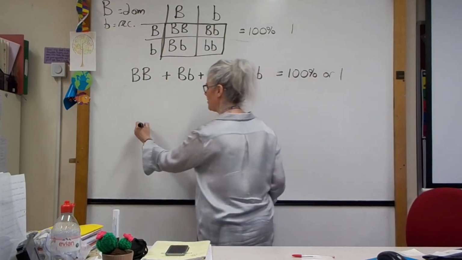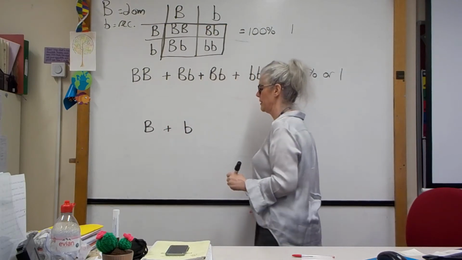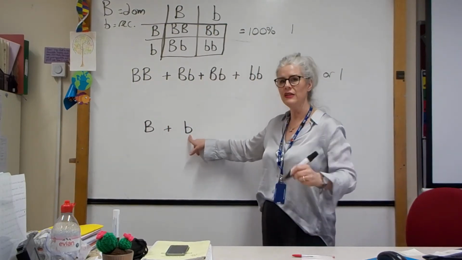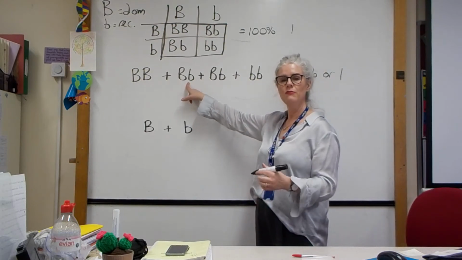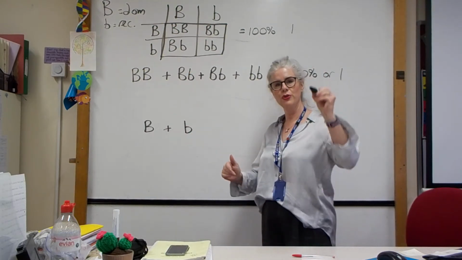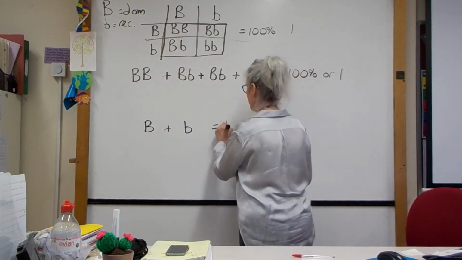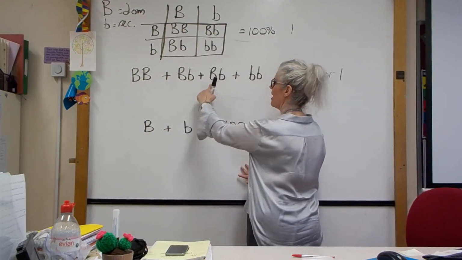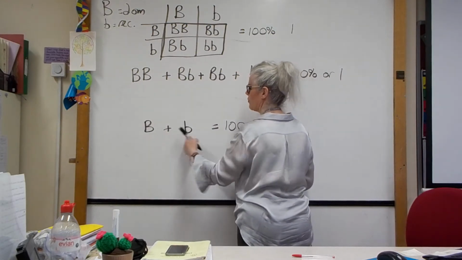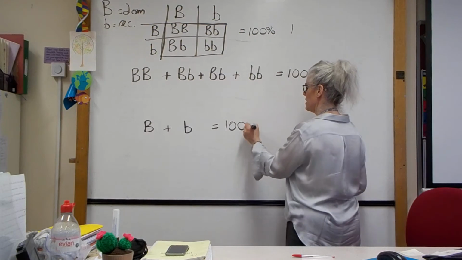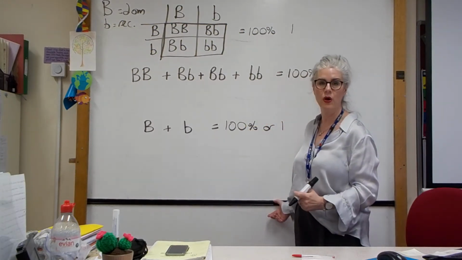They all either have a big B, or they have a little b. Now obviously you couldn't count the individuals, because some of these individuals have one of each. But if you were just looking at the number of those particular alleles, you could separate them. But still, 100% of your population either have big B's, little b's, or a combination of those. So that would also be 100%, or again, a frequency of 1.